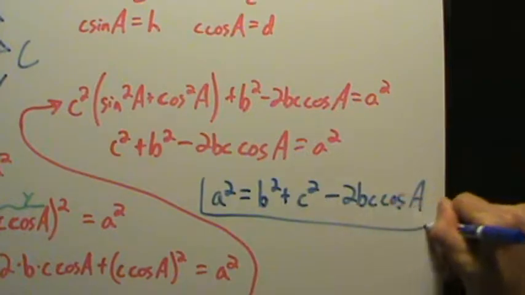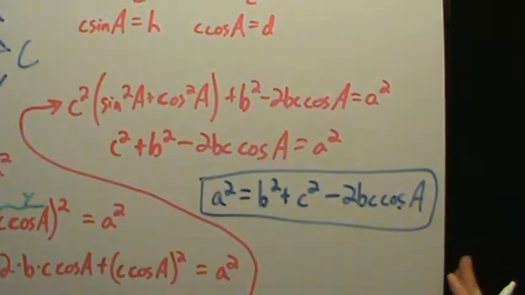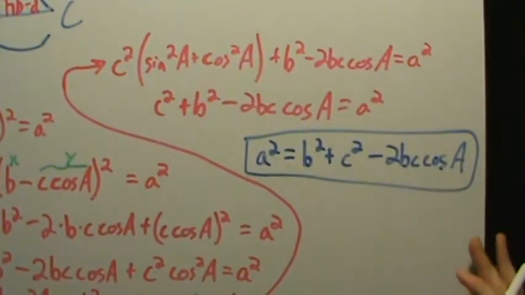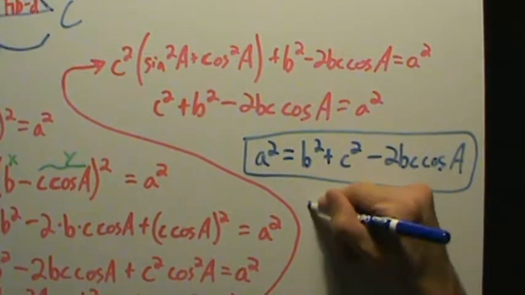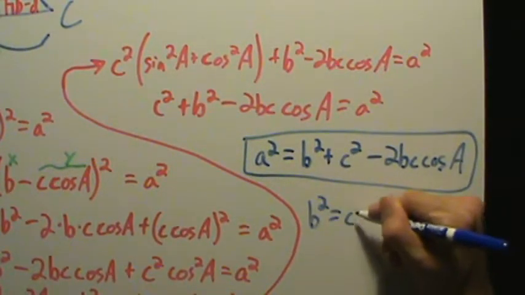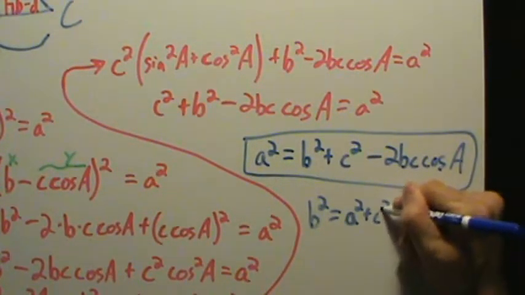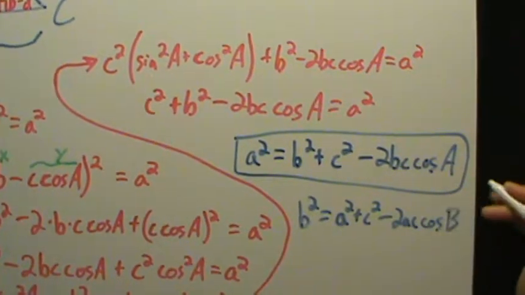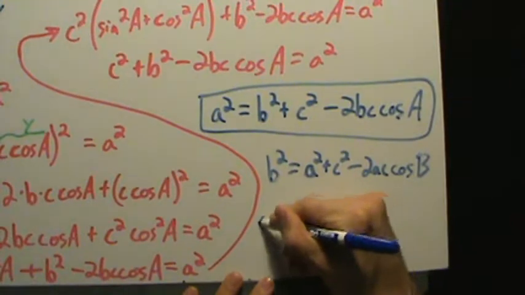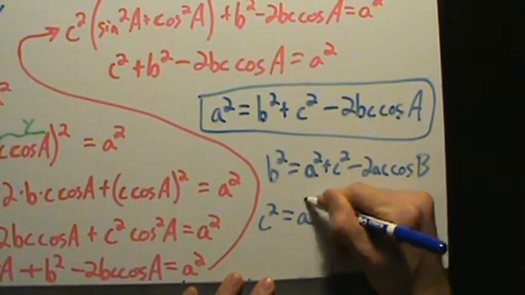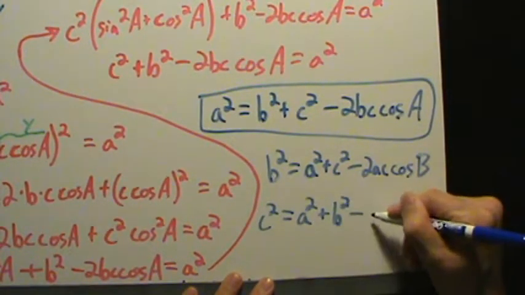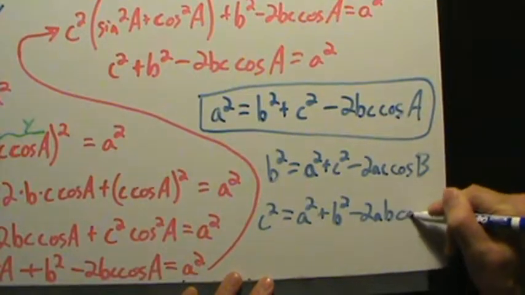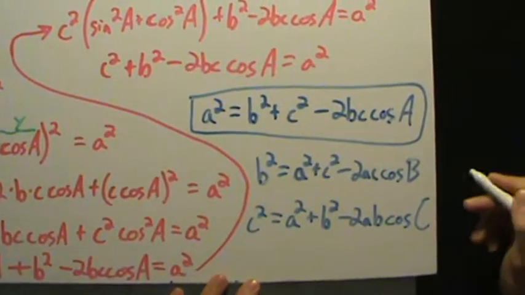So anyway, that's one of the formulas for the law of cosines. Now, there are two other ones. The other two are b squared equals a squared plus c squared minus 2ac cosine capital B, and c squared equals a squared plus b squared minus 2ab cosine of capital C.